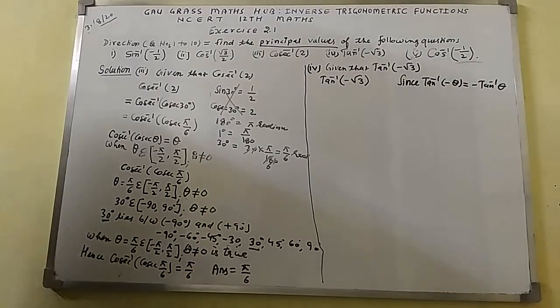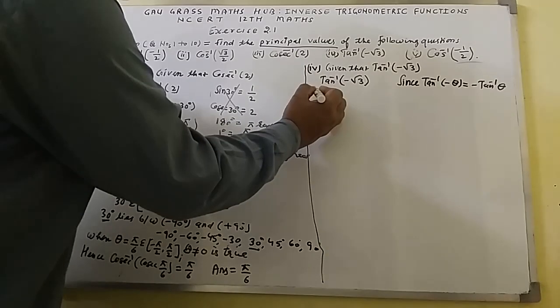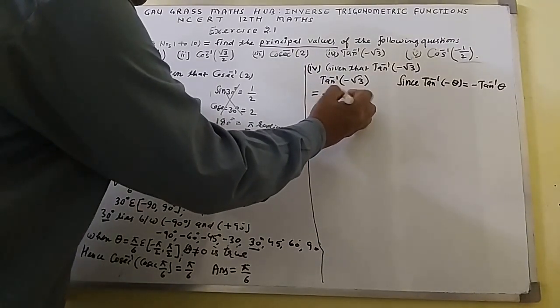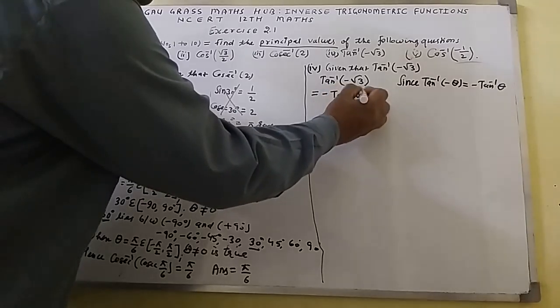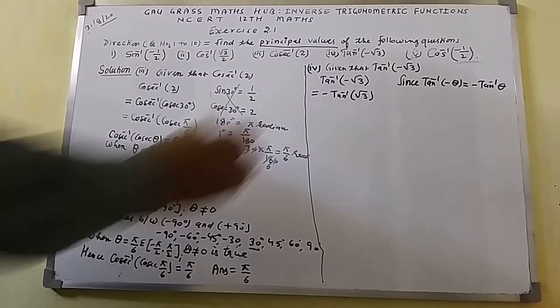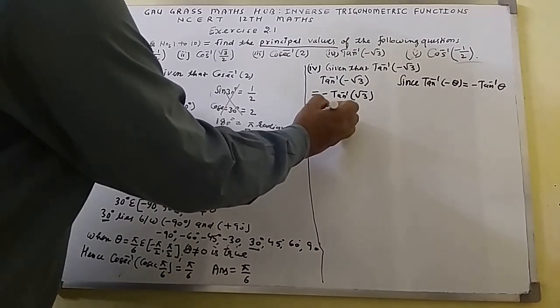So here I can write equal to minus tan inverse in bracket under root 3.